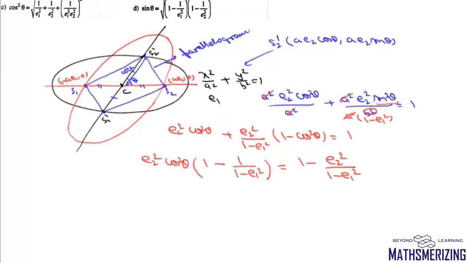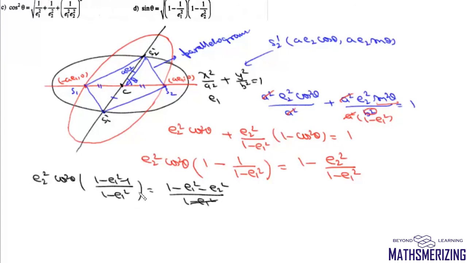So now we can write this as E2 square cos square theta, and here it will be 1 minus E1 square minus 1 upon 1 minus E1 square, and here it will be 1 minus E1 square minus E2 square upon 1 minus E1 square. So 1 minus E1 square will cancel, 1 and 1 will also cancel.